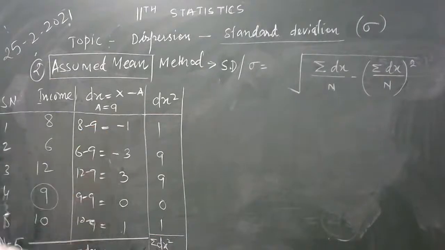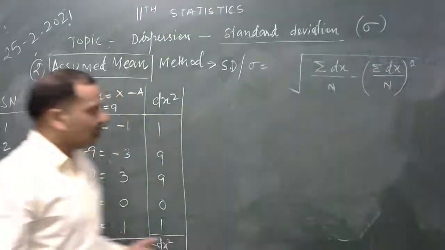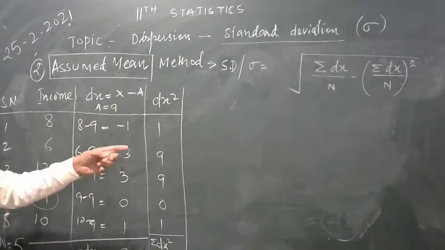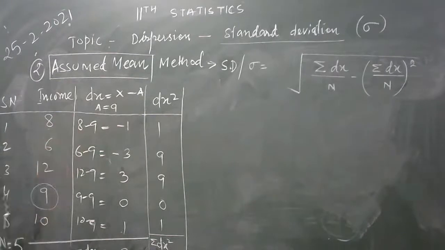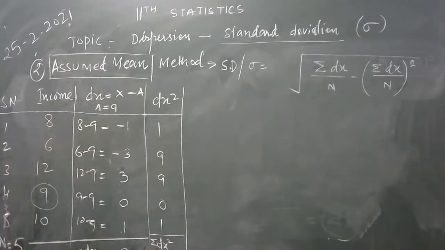And summation dx? 0. Look at the formula: under root, summation dx square upon n, minus, in brackets, summation dx upon n, squared. That value we have, n is also there. Now place the values in the formula and get the answer.